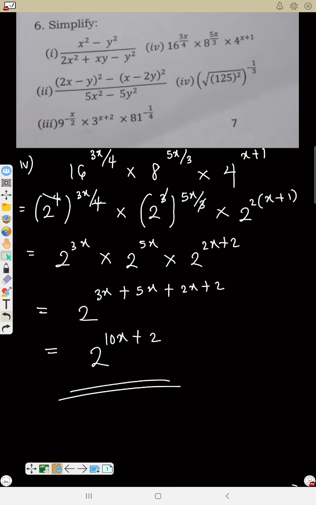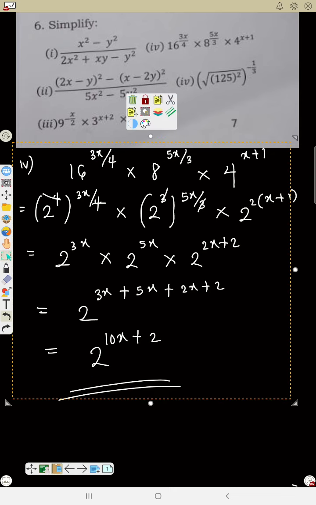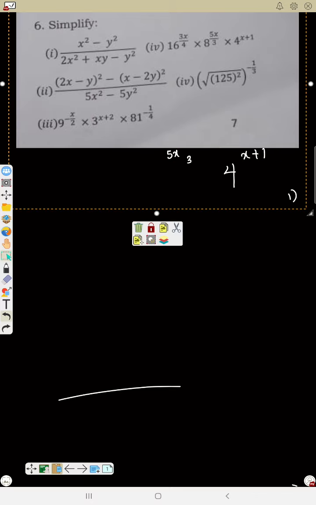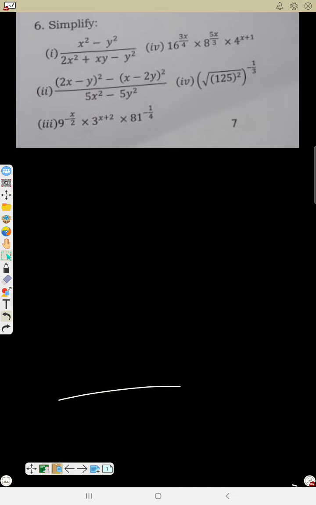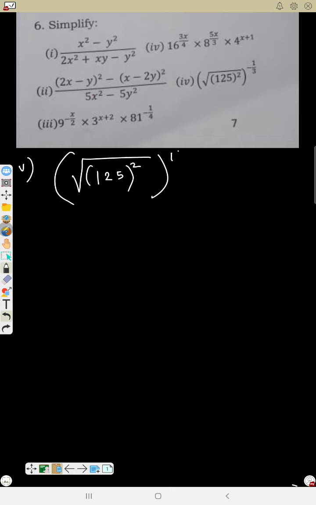Then let's say V, the last one. We have the square root of 125 square, everything raised to power minus 1 over 3.